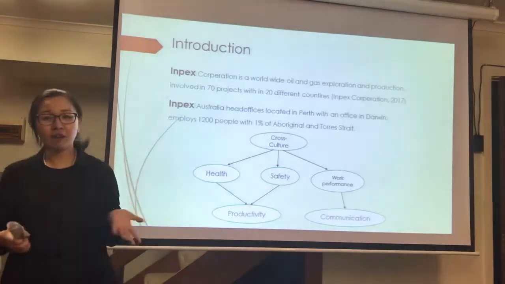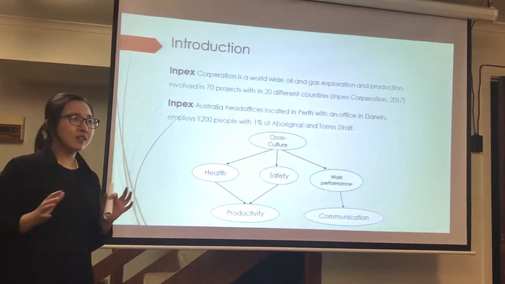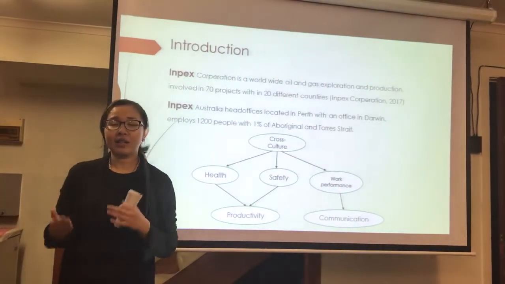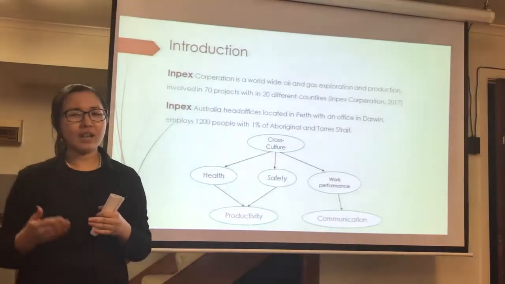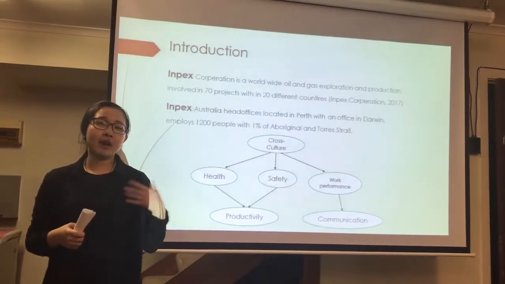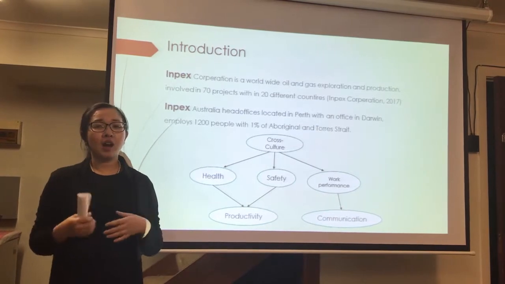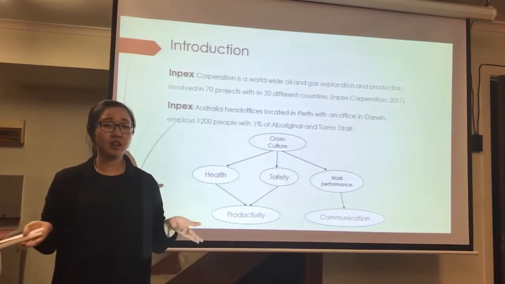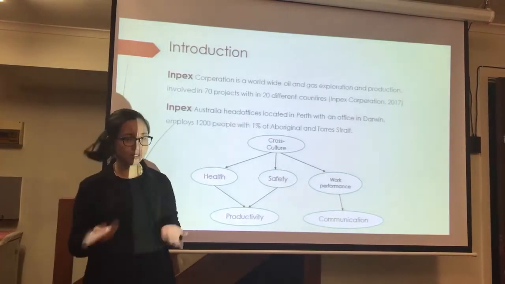It's about the Inpex Corporation. Just a little overview of Inpex. It's an oil and gas exploration company that has its main office based in Japan, and it also has businesses in about 20 different countries across the world.